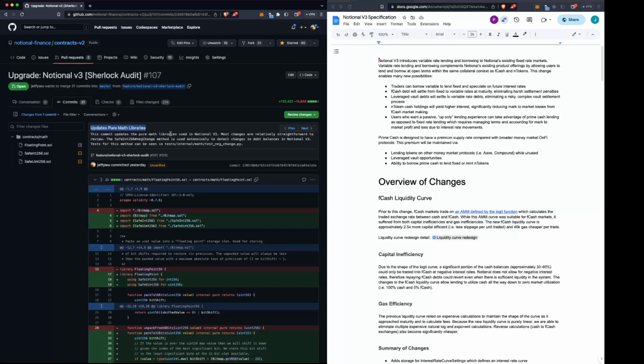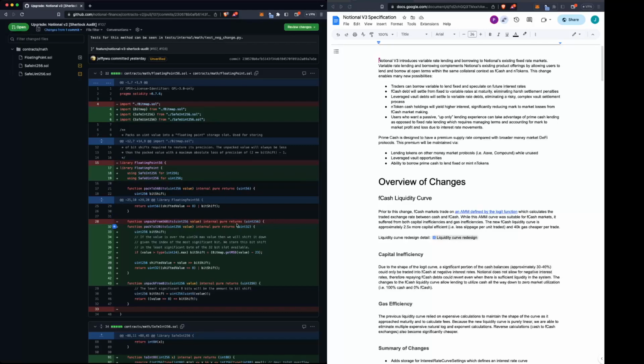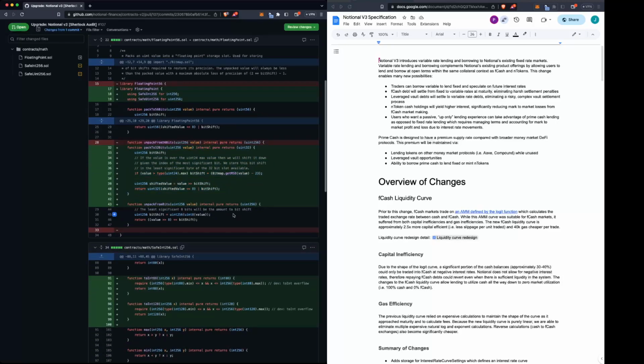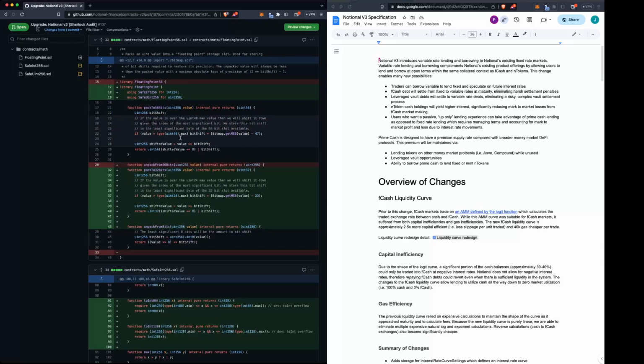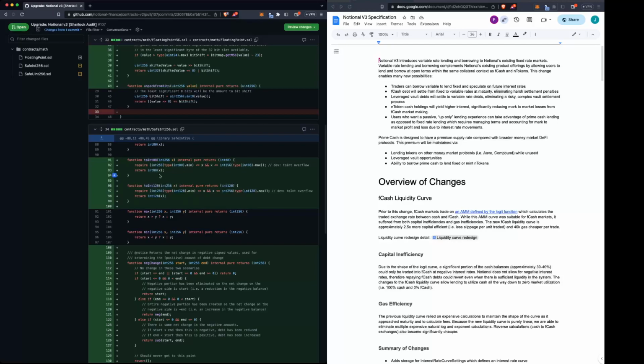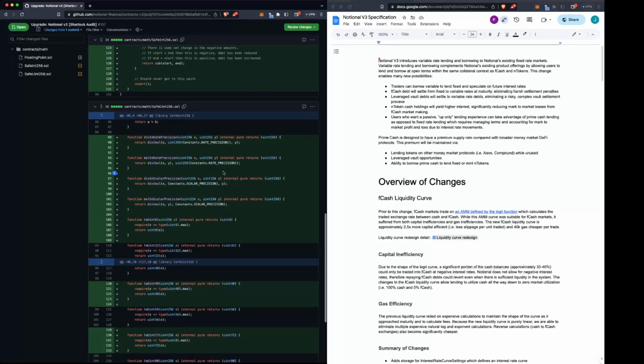This commit is the update to the pure math libraries. We add a pack to 32 bits function here in the floating point library. This is basically the equivalent of the pack to 56 bits function, and there's a number of additional safe convert methods here.